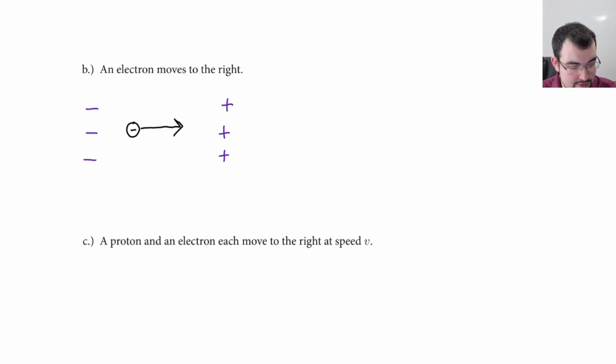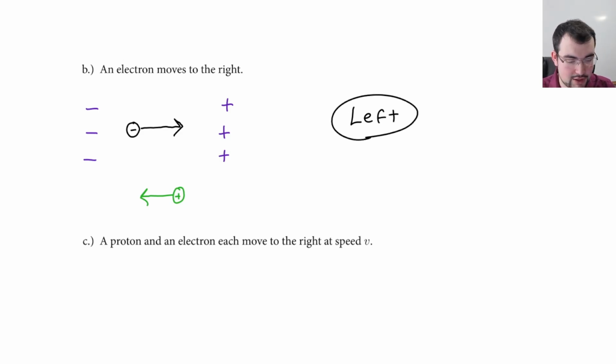So, if negatives are moving to the right, that must mean that a positive charge would want to move to the left, do the opposite. So, our conventional current is to the left. Of course, you could just know that electrons are going to flow in the opposite direction as conventional current, but there's your intuition as to why.